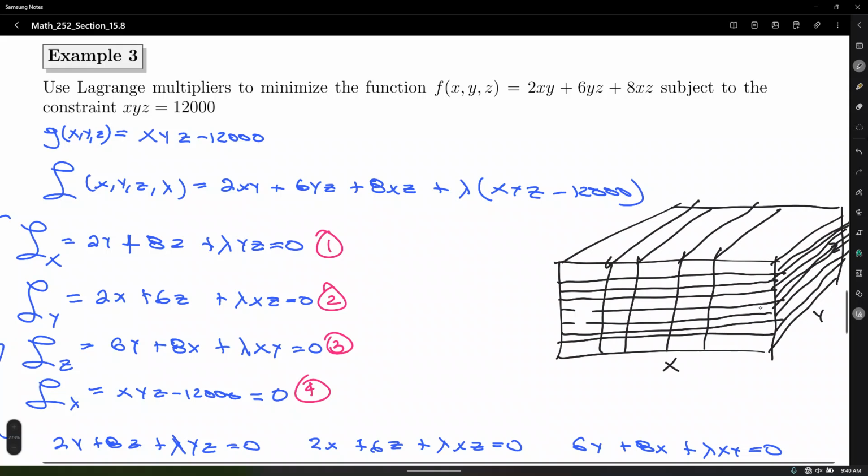Like 1, 2, 3, 4, 5, 6, 7, 8, 9 stories. And with 1, 2, 3, 4, 5 lanes to park the cars, maybe, with the constraint that it has to be within 12,000 units of volume. So that could be an application of this problem.